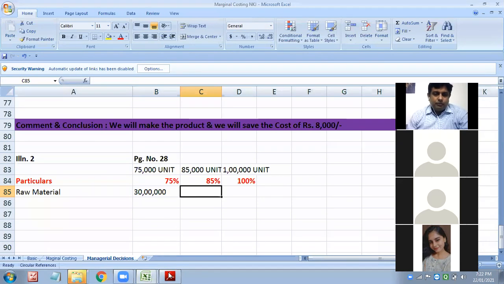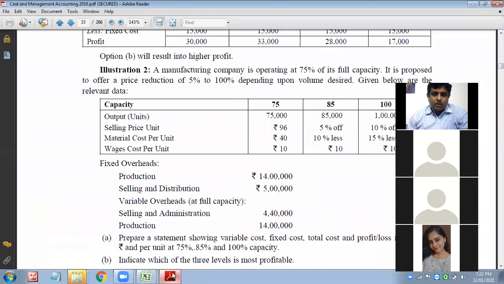Now this one, 10% less means 36 into 85,000.